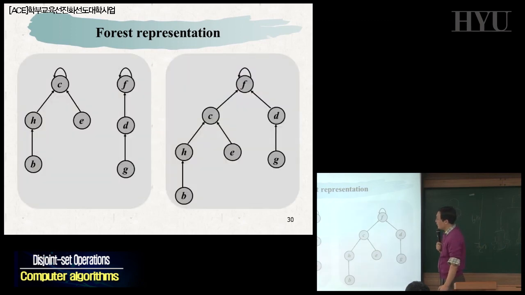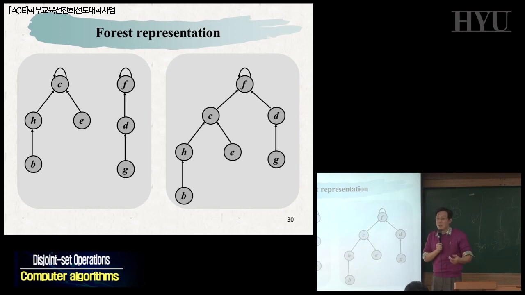So let's compare this forest representation with the linked list representation. In this case, union is constant. Union takes constant time, right? But find set takes its height, right?